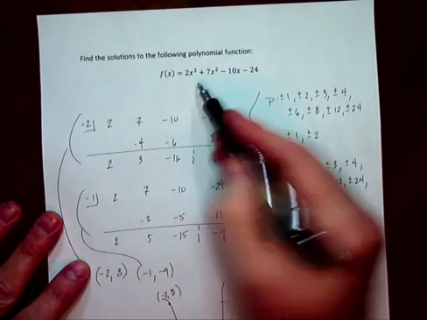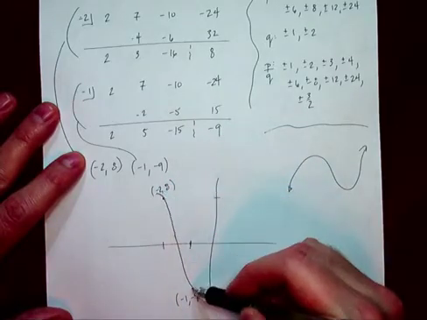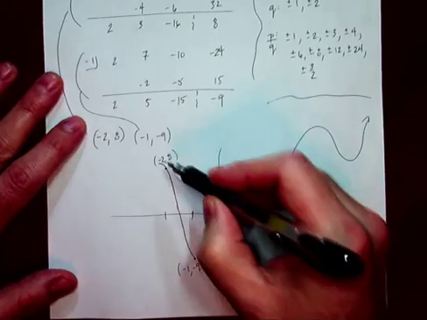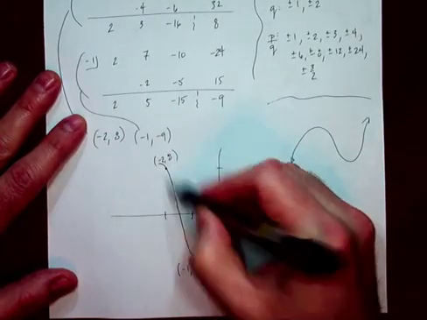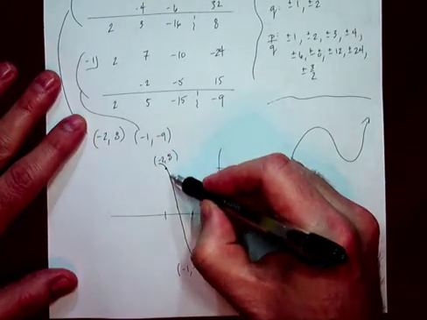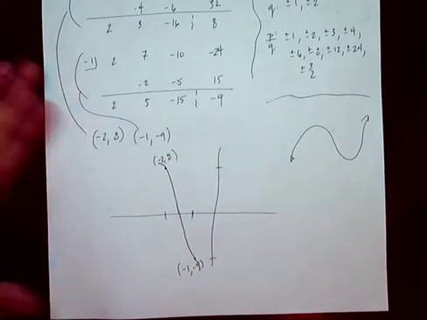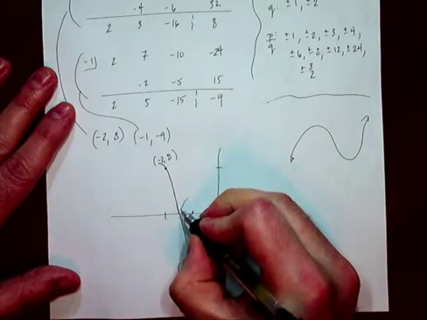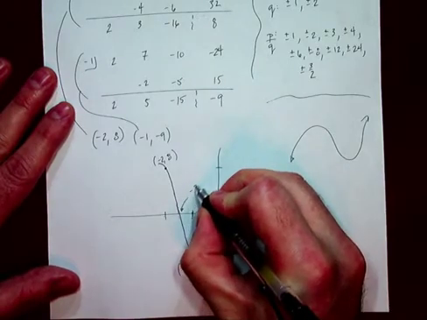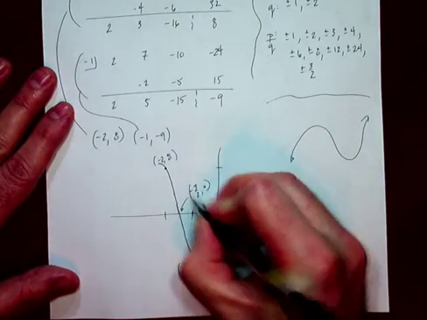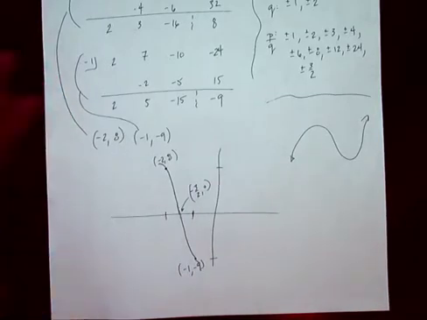It's continuous. I can't pick up my pencil, or in this case pen, as I'm drawing from -2 to -1, and therefore it has to take on every output value between them. And in fact, what you find out is that -3/2 is your 0. Okay, so that's what the intermediate value theorem says.